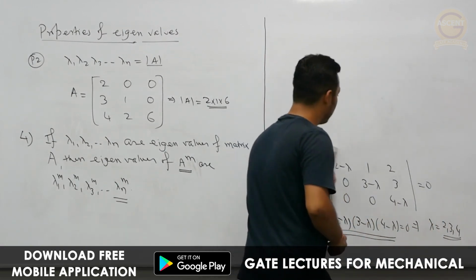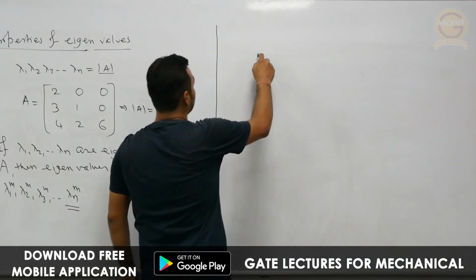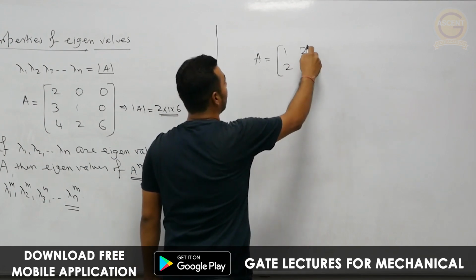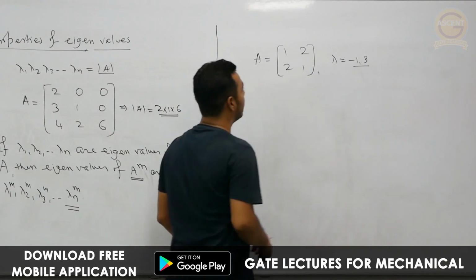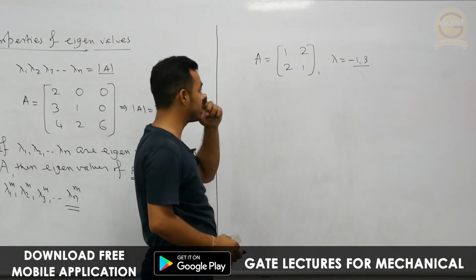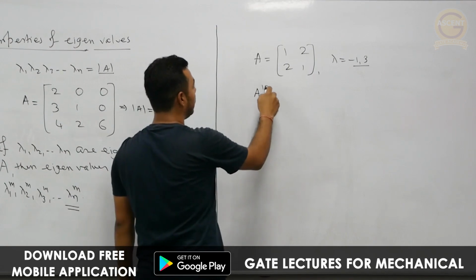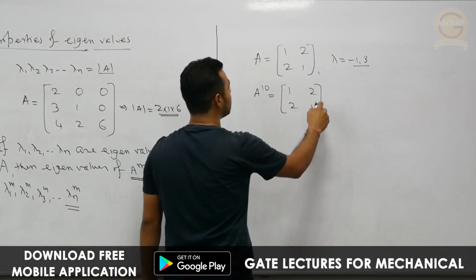So our first problem was that we had a square matrix A, which was [1, 2; 2, 1], and the eigenvalues that we had seen were minus 1 and plus 3. Now these were the eigenvalues of matrix A. If I ask you what are the eigenvalues of A to the power 10, A to the power 10 will be this matrix 1, 2, 2, 1 raised to the power 10.